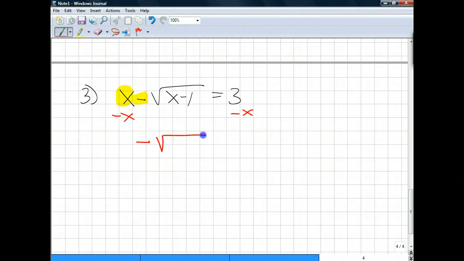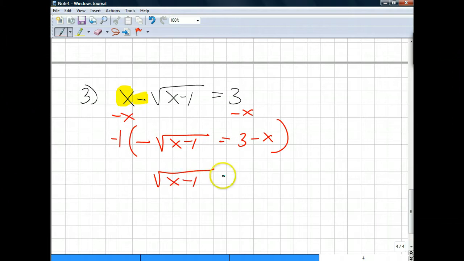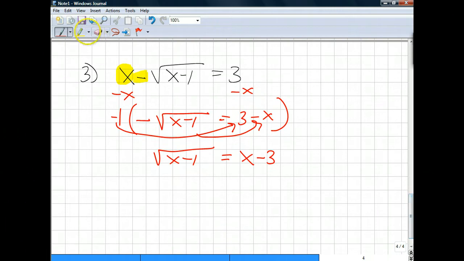So I get negative square root of x minus 1 equals 3 minus x. And then I'm going to multiply everything by negative 1 to get rid of that negative. So I get square root of x minus 1 equals x minus 3. Because when I distribute this, the 3 becomes negative and the x becomes positive. Now my radical is isolated.